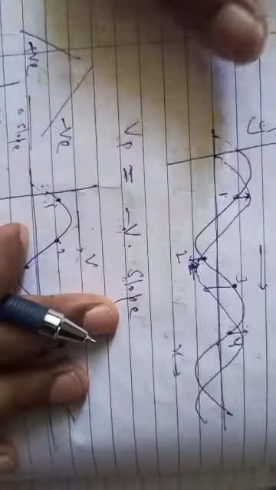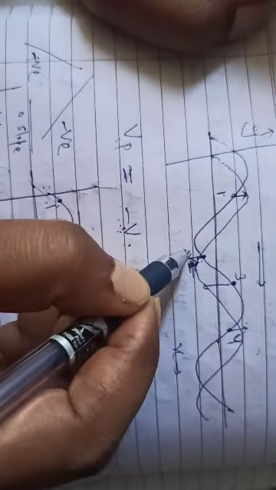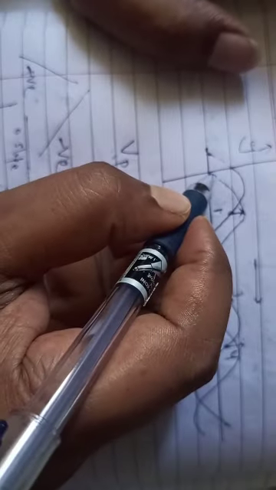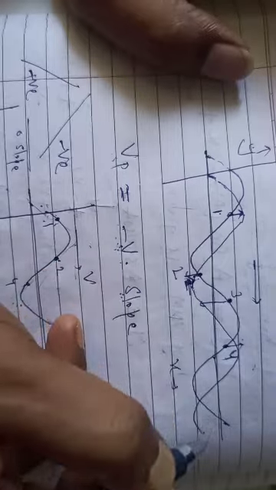Okay, so what is the use of this thing? The use is, suppose a wave is like this. There is a wave and it is traveling in this way. Now after some time the wave will become like this.